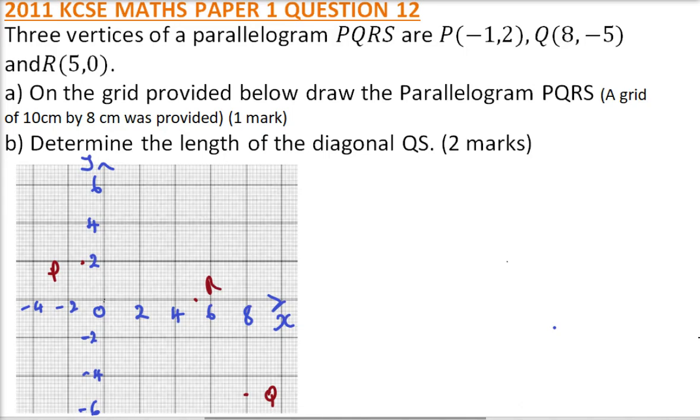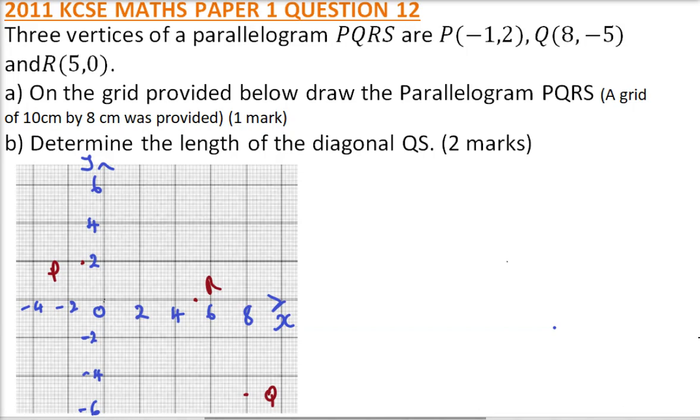So the point that is remaining is point S. And how do we get point S? Our point S must be lying up there, and we can do that. To move from Q to R, we move 3 units against the x-axis, and 5 units along the y-axis.